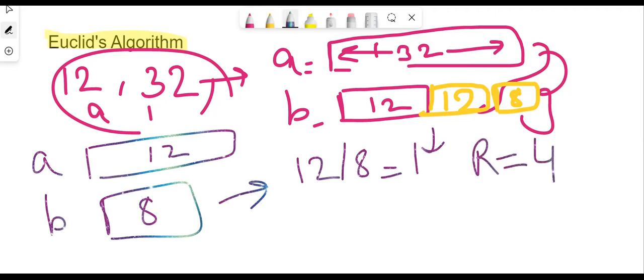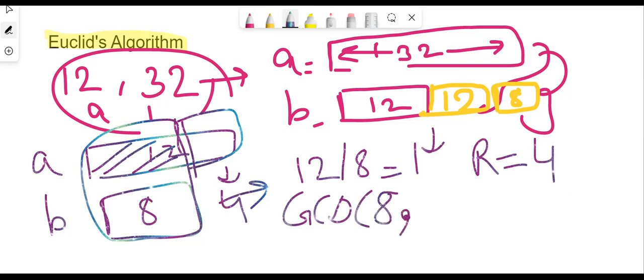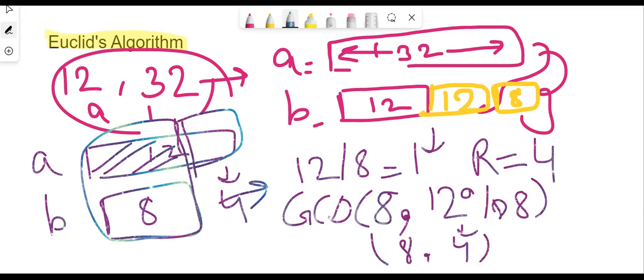Now we know that this 8 is accompanying this 12 by this part, and we are still left with 4. So we know that if we find GCD for 8, comma 12 modulus 8, which is actually 4, then it is going to break the problem.